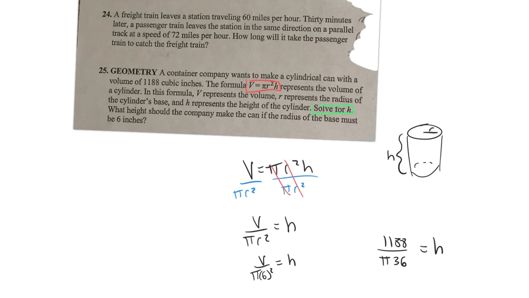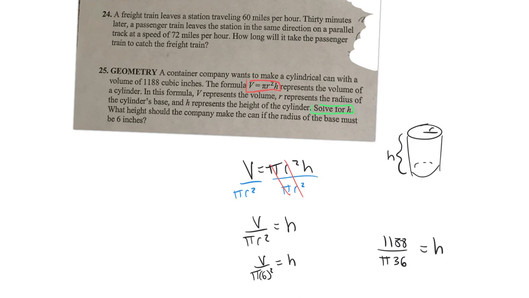Okay, so that is pretty much the answer. I think it's possible the teacher might want us to reduce this, but at the same time, I don't know if the teacher wants us to leave pi in there. So let's see, 1188. I'm curious to see if that's divisible by 36.